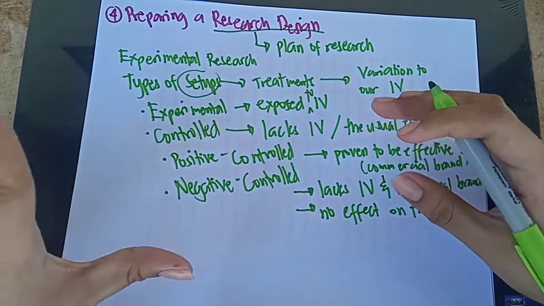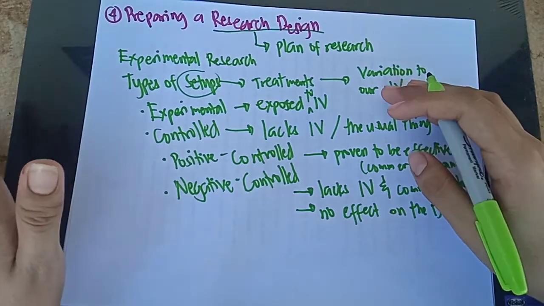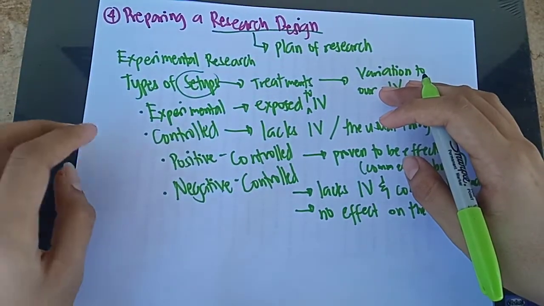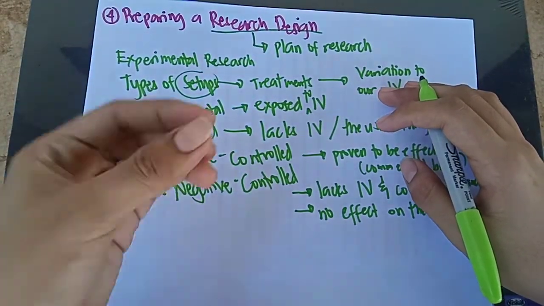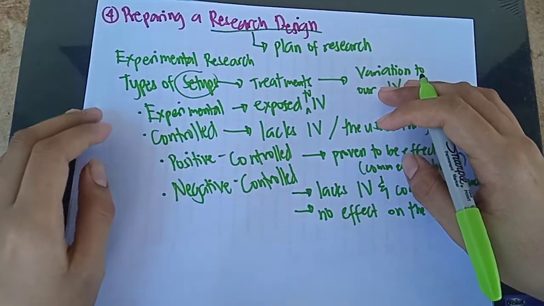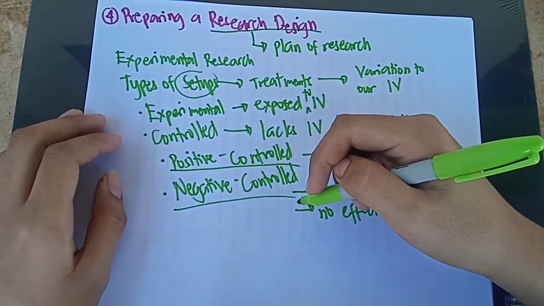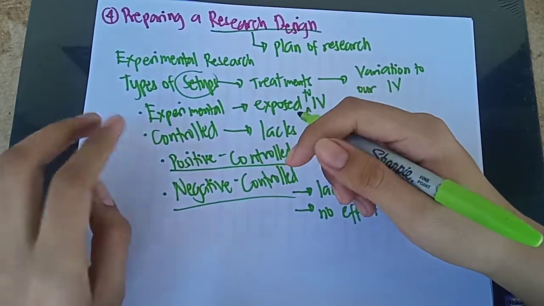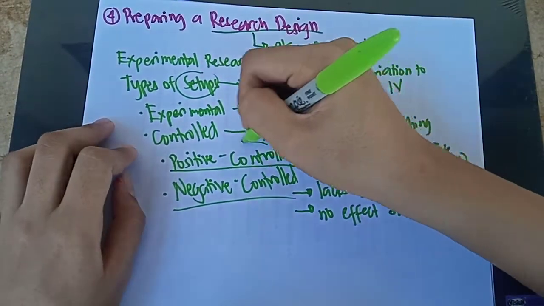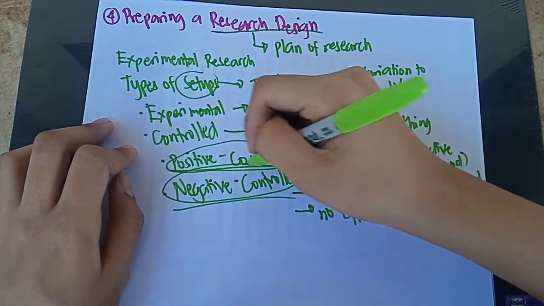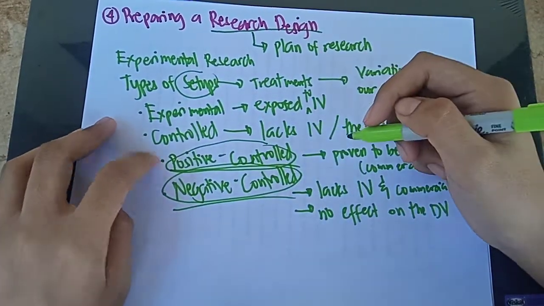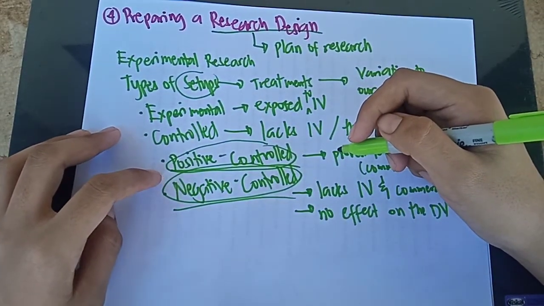Okay? And in our study, or in conducting your SIP, there should be positive controlled and negative controlled. You don't have to choose. You must have both positive controlled and negative controlled.